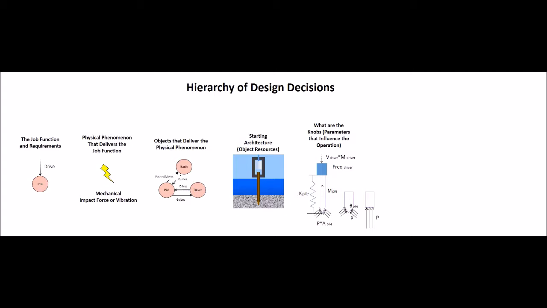Shown here are what are called free body diagrams of the pile driver and the earth. The pile driver strikes a pile and uses its momentum to create a very high force on the top of the pile. This force is primarily determined by two things: the mass or weight of the driver and the velocity when it strikes the pile.